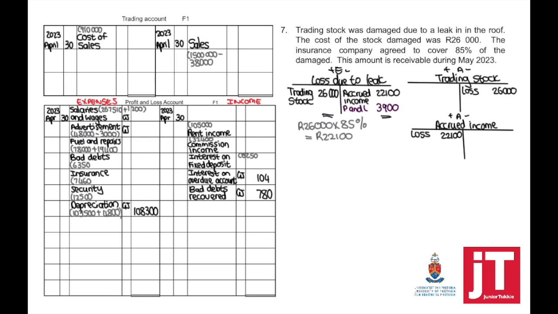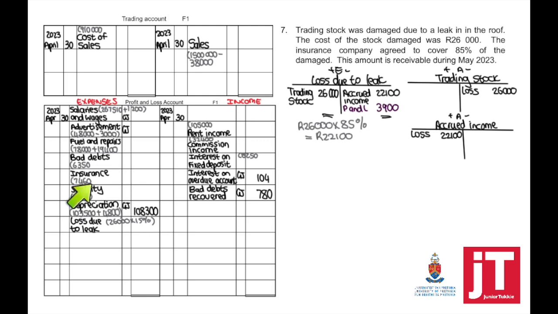Do not show this as insurance. It doesn't have anything to do with the insurance expense account. That is when I pay my insurance monthly, I'm going to add it to the expense insurance. When something like this happens, where there's damage, I can claim from my insurance and they're going to pay me out the money.